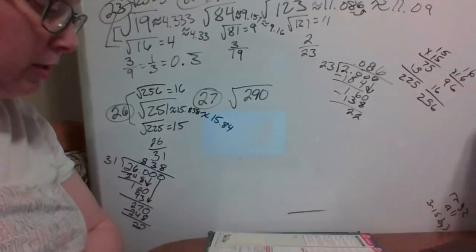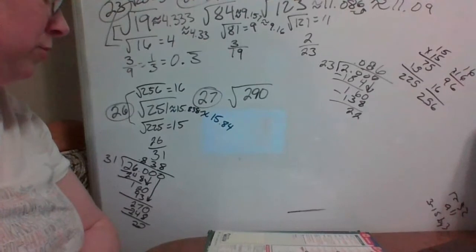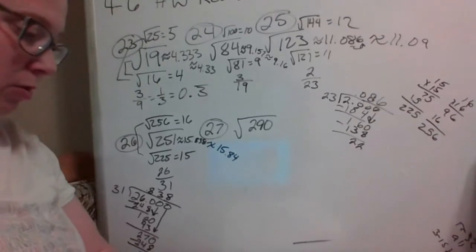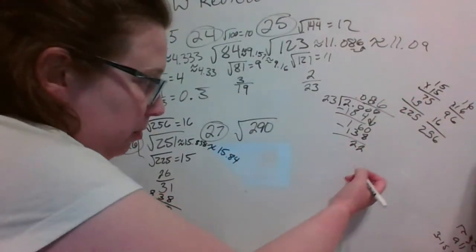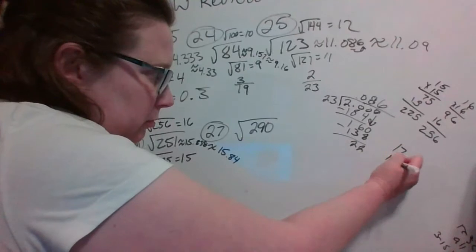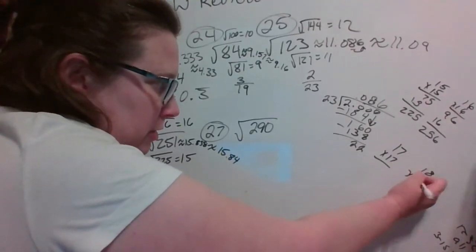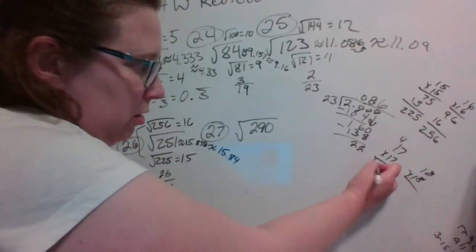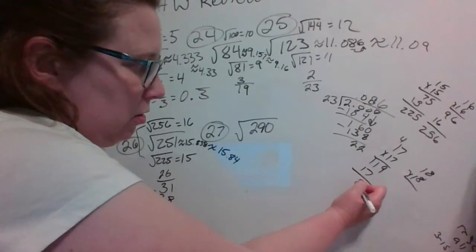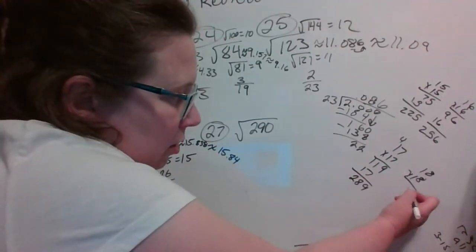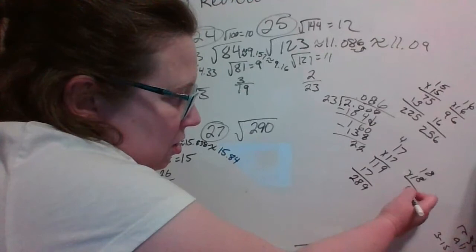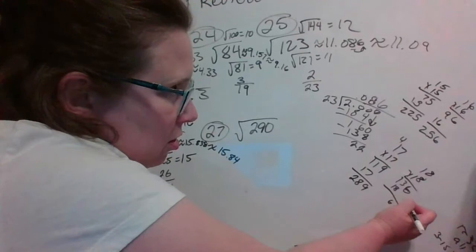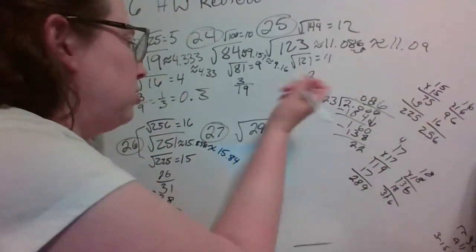When we look at number 27, we have the square root of 290. So we're going to need to figure out some more perfect squares here. 17 and 18. 289 and 316.